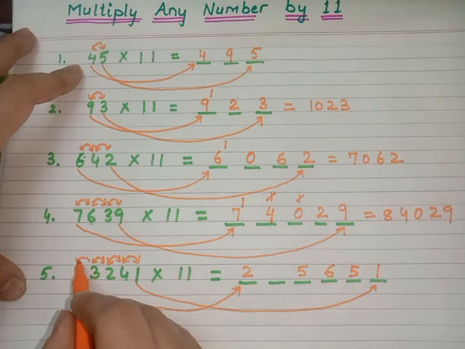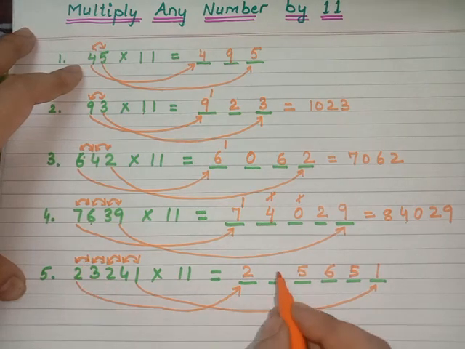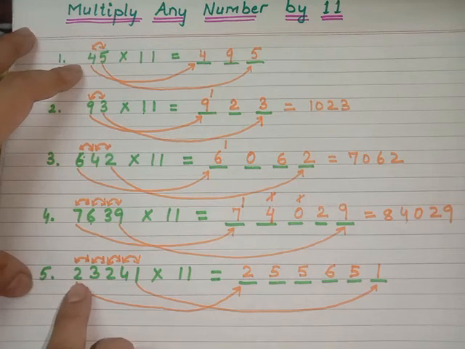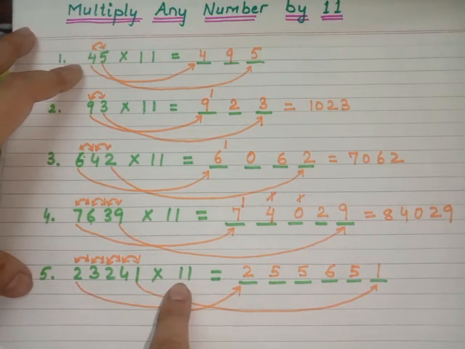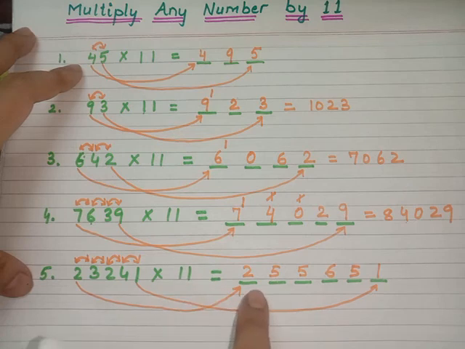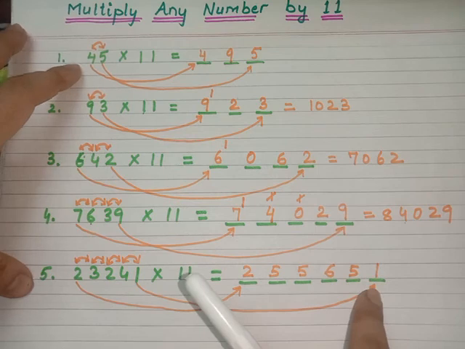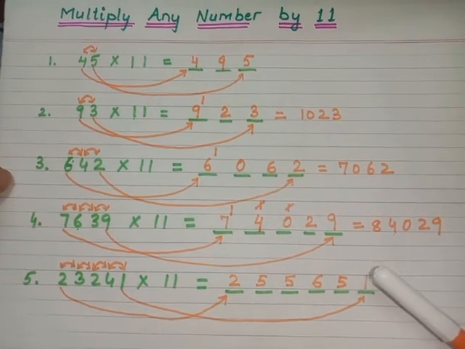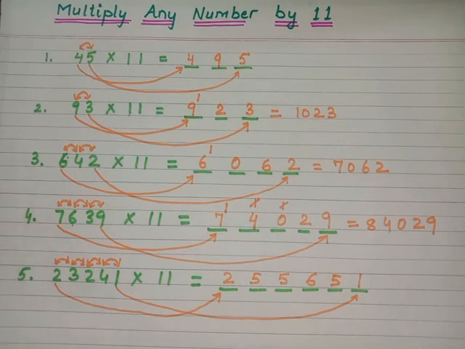Addition of the next digits, 2 plus 4 is 6. Addition of the next digits, 4 plus 1 is 5. So the multiplication of 23,241 when multiplied by 11 will be equal to 255651.